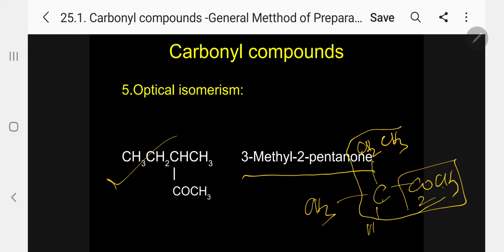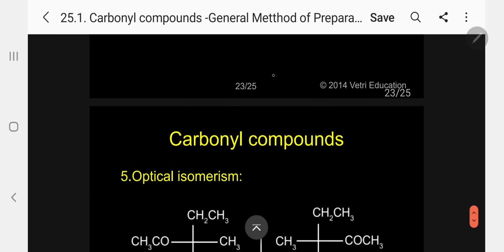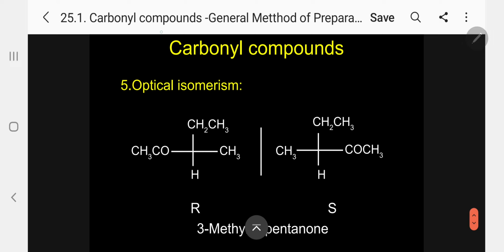This is the structure. 3-methyl 2-pentanone is a specific example of optical isomerism. It shows 2 isomers. Kindly follow. I am writing one in the form of R configuration and one in the form of S configuration.